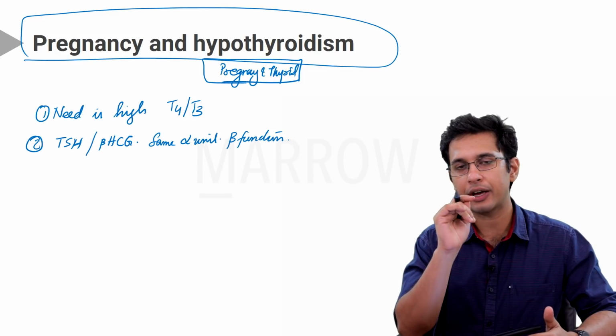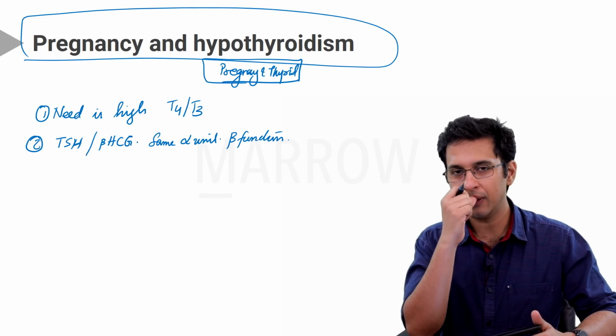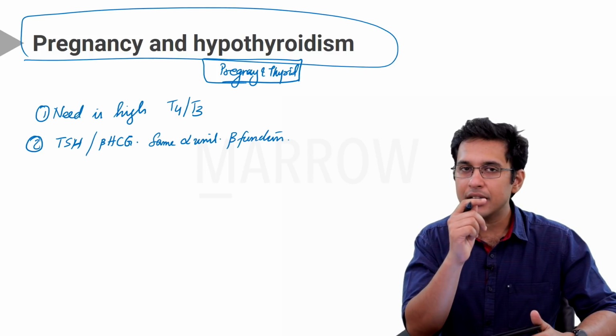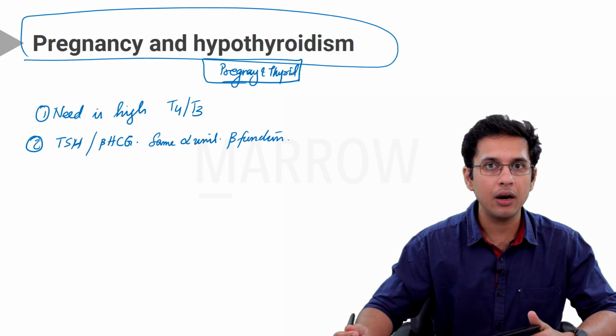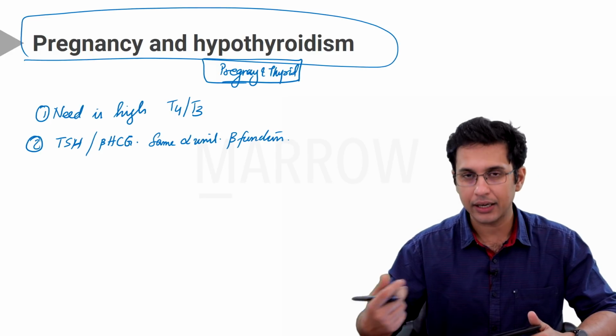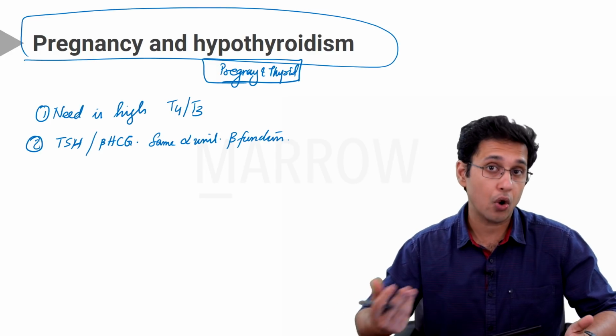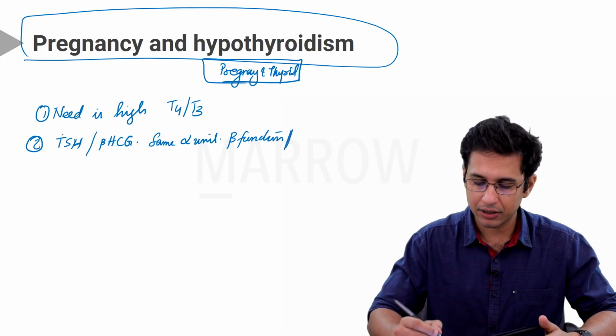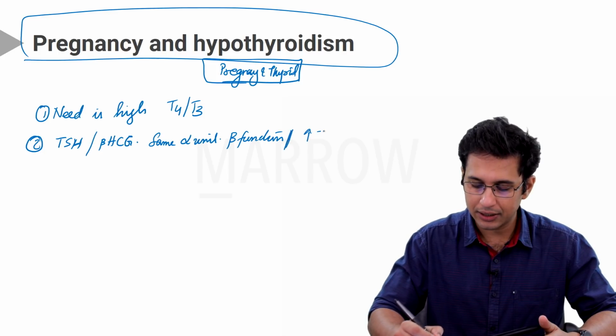Thyroid will not know. Thyroid will think it is TSH. So, what will happen in a condition where there is an increased beta HCG, for example a beta HCG secreting tumor or most commonly pregnancy, there can be this particular action causing increased T3 and T4.